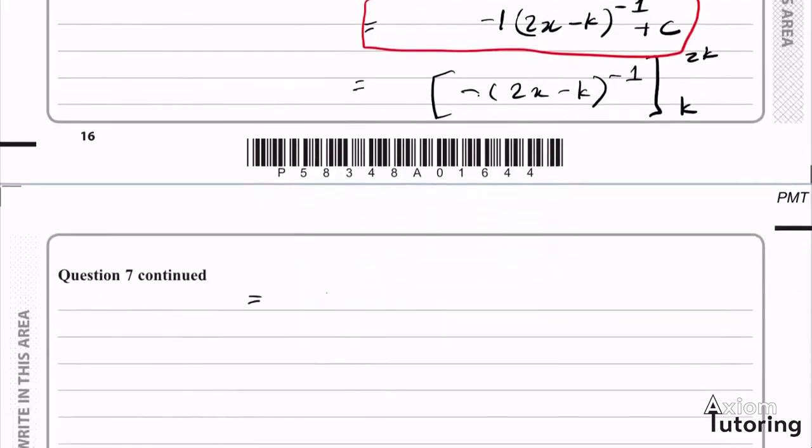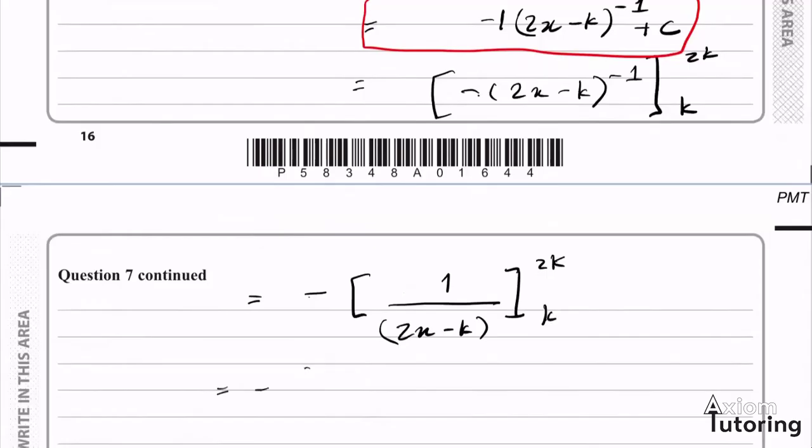So if we do that, we're looking at, let's take out the minus. That is helpful. And then we can rewrite it however you find it most useful or easiest to look at. And so we have this, 1 over (2x minus k), between 2k and k. So let's have a look at that.